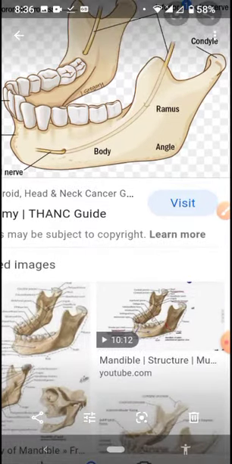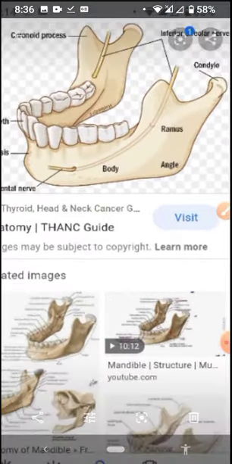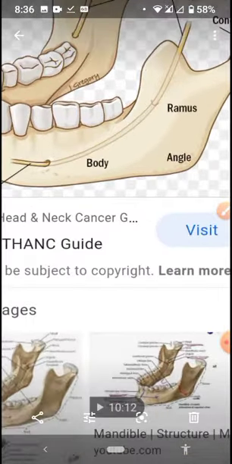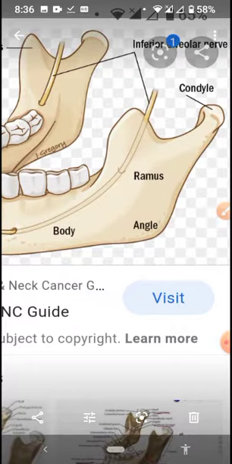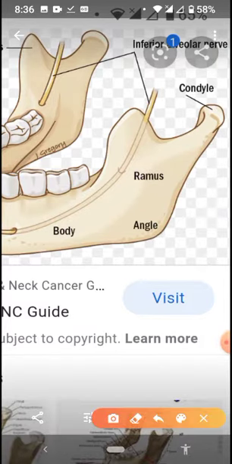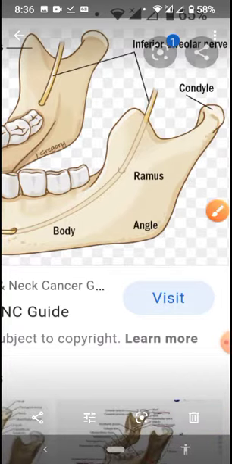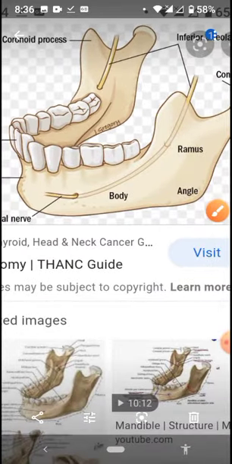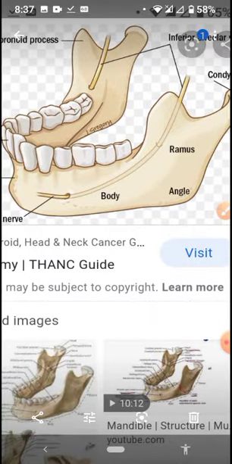It articulates with the temporal bone, and its temporomandibular joint is formed over here. So this is the bone of the skull which is forming the joint, articulating with the skull over the temporal bone, and it is forming the lower jaw.